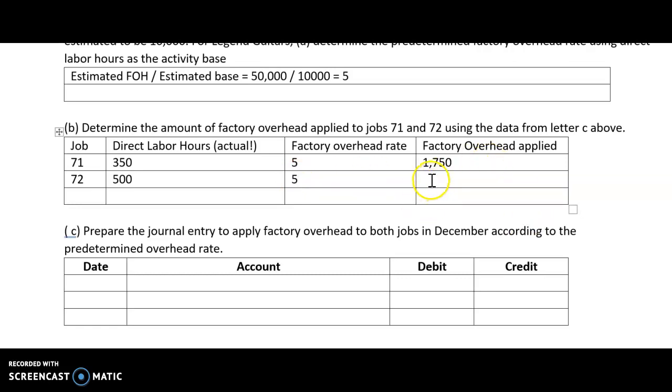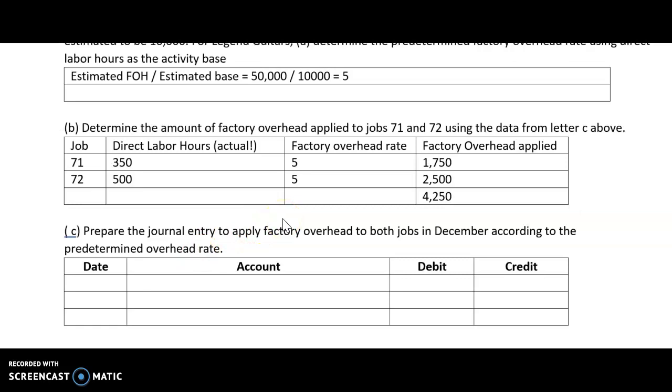Then when you multiply the actual times the rate, you get 2,500. When I add these two together, I can find out how much I'm going to be allocating. So it's $1,750 plus 2,500. So my total would be $4,250 of overhead applied.